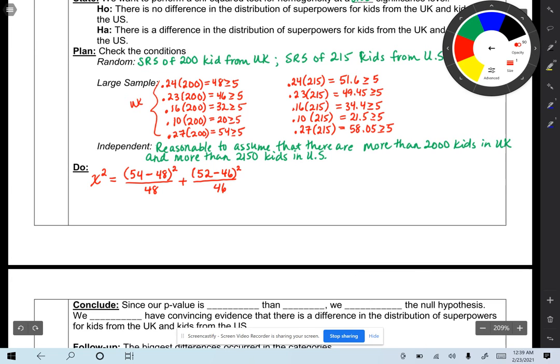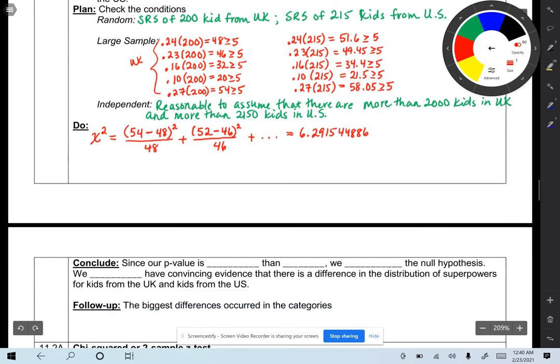And of course, you would have to do this 8 more times to have the UK and the US in there. And we don't want to do that. So we'd plug in those numbers in our list. And when we do, we end up getting a chi-squared statistic of 6.291544886.